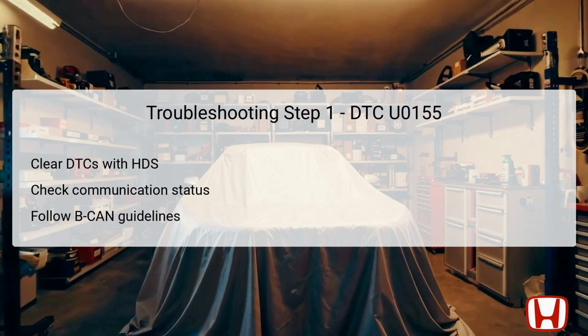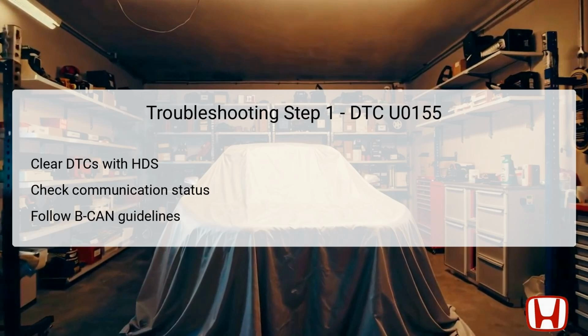The first step in troubleshooting the U0155 DTC is to clear the Diagnostic Trouble Codes, DTCs, using the HDS, or Honda Diagnostic System. This process helps reset any transient faults that may have occurred, allowing you to gather fresh diagnostic data.